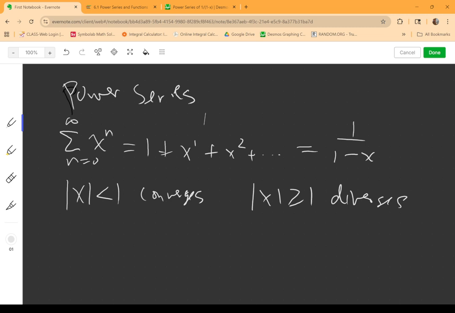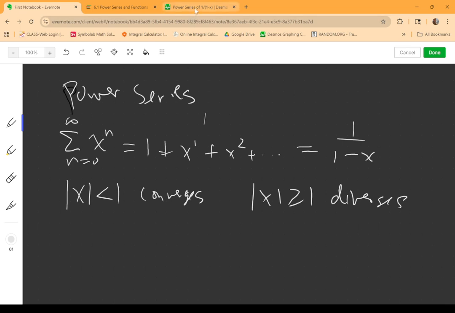It's the function 1 over 1 minus x. So in fact, what we're going to start to see is that we use power series to approximate this function. You can think of this as our first function represented by a power series. So we have some kind of rational function that's represented by an infinite polynomial, for values of x that are less than 1.